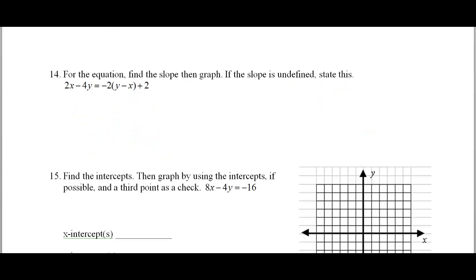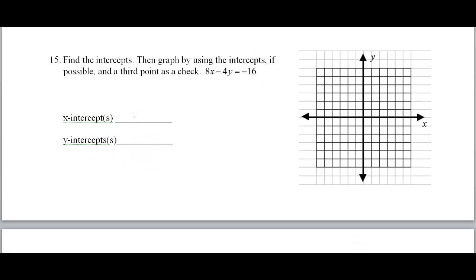For our final problem of this page, find the intercepts. It is possible to solve for y here, but I'm going to take a different approach, which I think is a smart approach when we look at the intercept method. I'm going to plug in 0 for x. When I multiply 8 times 0, I get nothing.